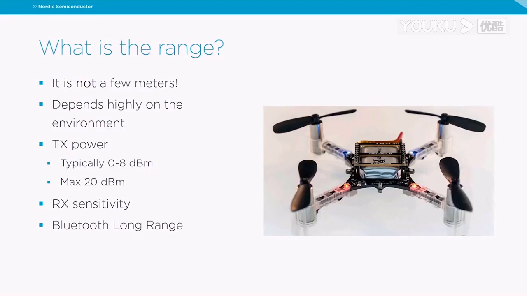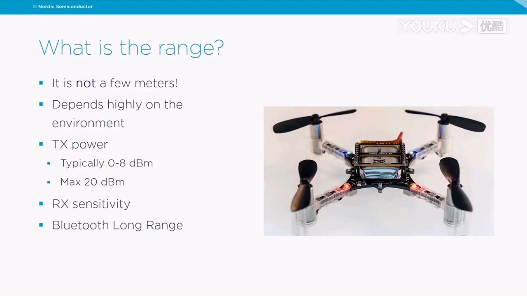Also, the RX sensitivity of the radios has improved significantly the last years. Our latest SoC, the nRF5340, has minus 97.5 dBm sensitivity. And it's also possible to improve this further by adding a range extender, for example our nRF21540 RF front-end module.